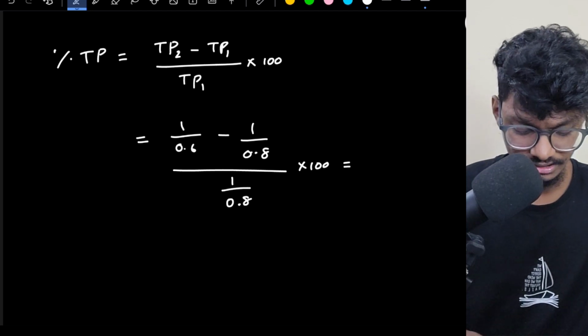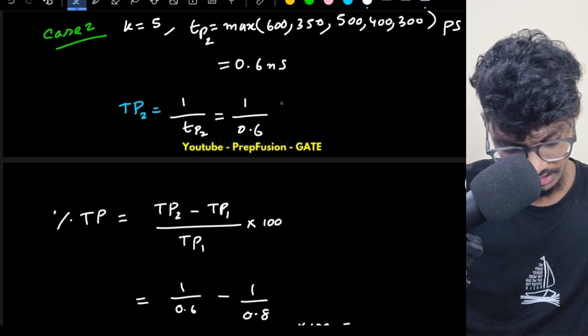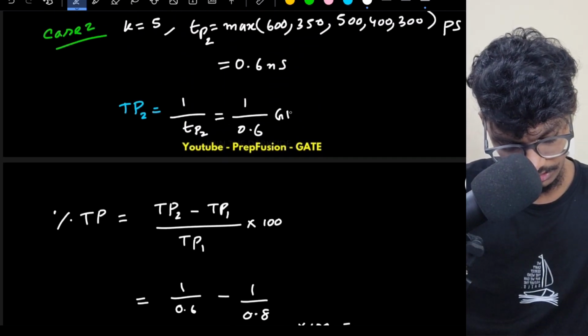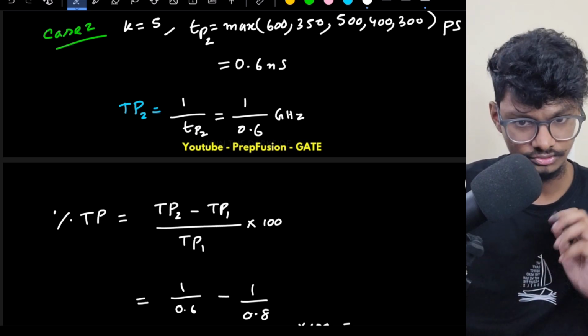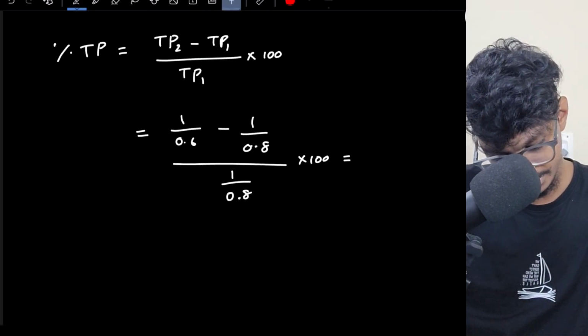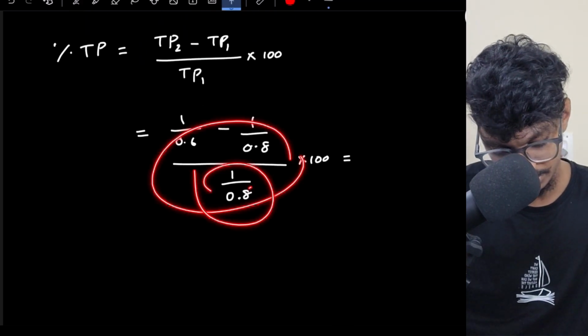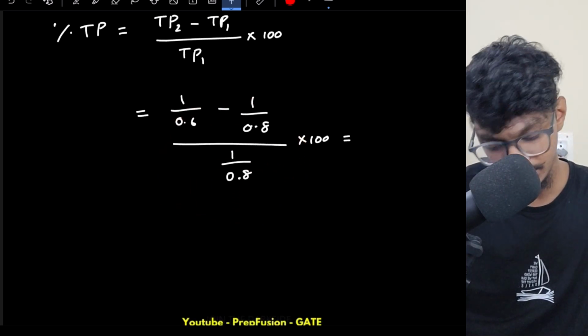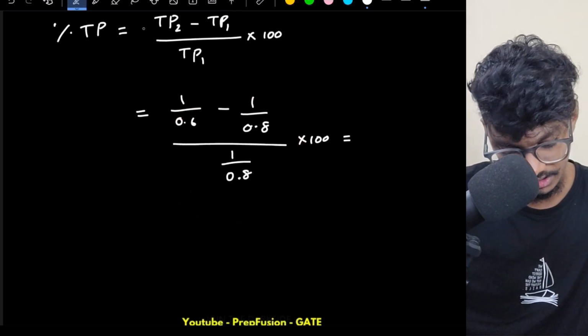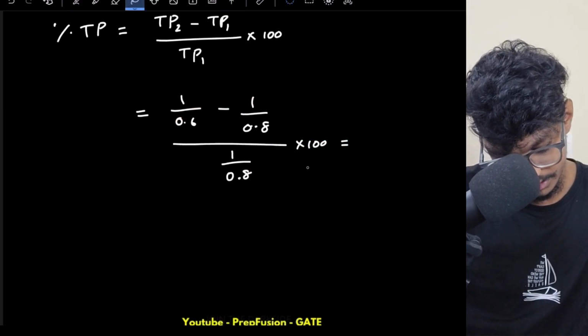Remember, this is in nanoseconds, so the throughput will be in gigahertz. But as we are calculating unitless, because throughput is in the denominator and numerator as well, the units simply cancel.